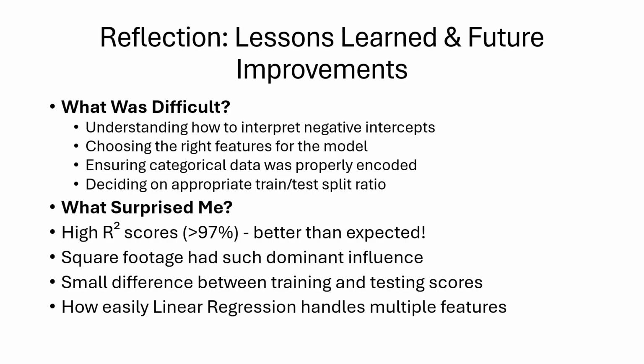And what surprised me were the high R2 scores, above 97%, which was better than I was expecting. Square footage had a dominant influence. It makes sense. I just didn't know how much it would influence the price, as well as a few other things.